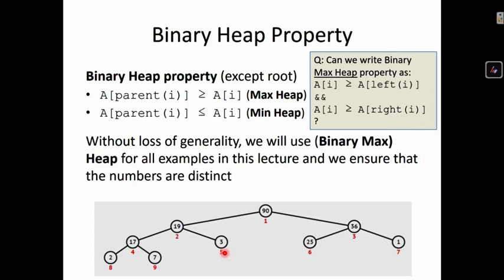For example, 3 here is a leaf already, so it does not have a left or right child. If you are programming and checking whether the structure given to you is actually a binary max heap, then if you access A[left(i)] or A[right(i)], you will get an array index out of bounds exception. So you need to be careful, but in general, this is also a valid way of defining the max heap property.